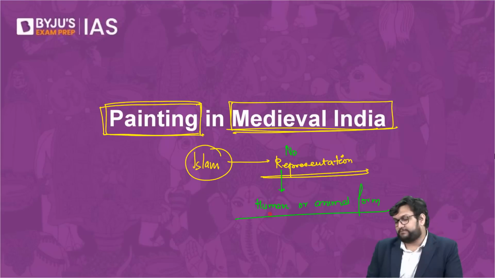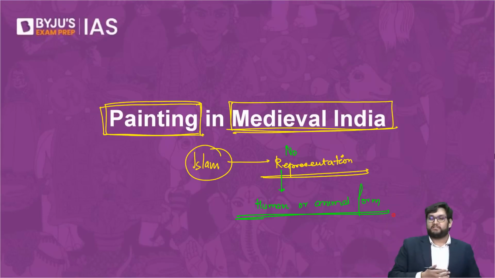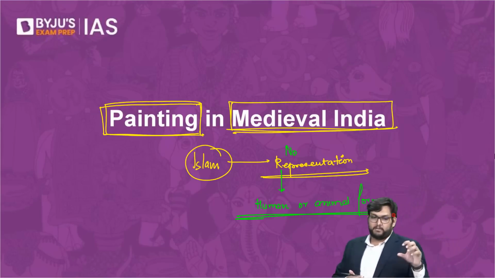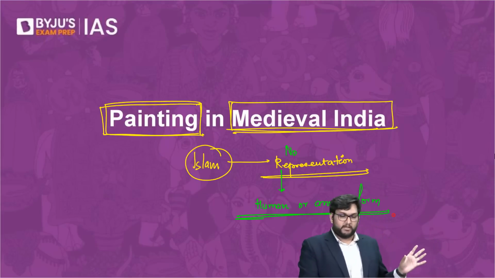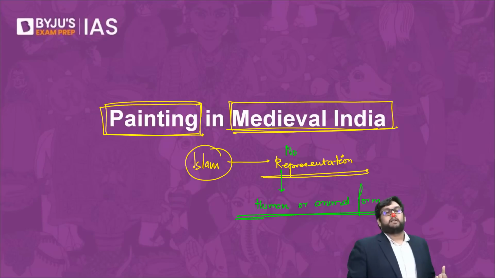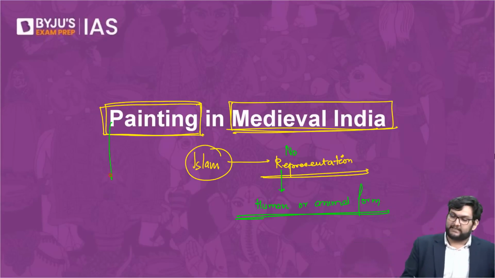For UPSC aspirants, that is good only because then the theme becomes smaller. But the simple point is that Islam does not allow representation of humans or any form of animals. So therefore, the painting tradition will be limited.